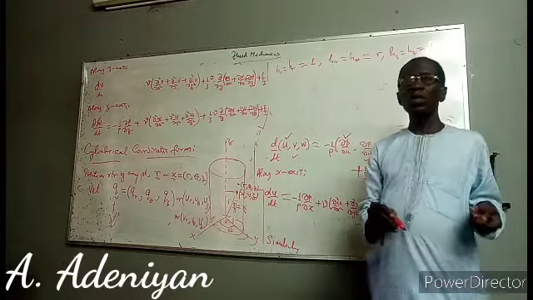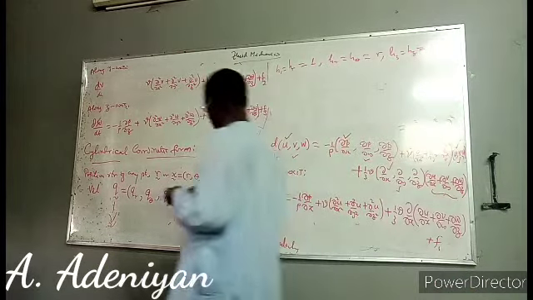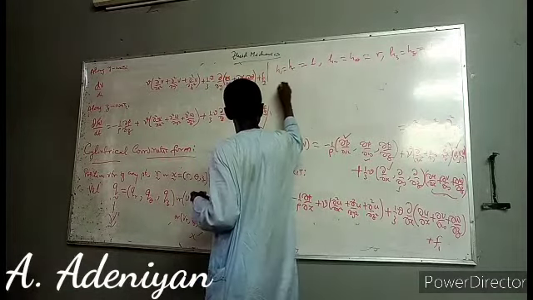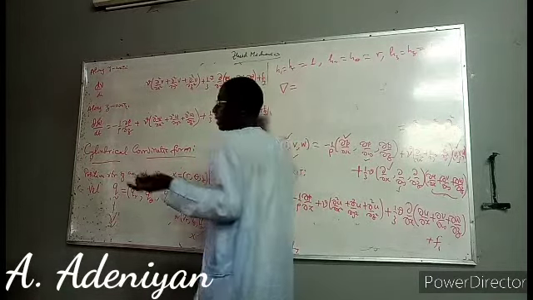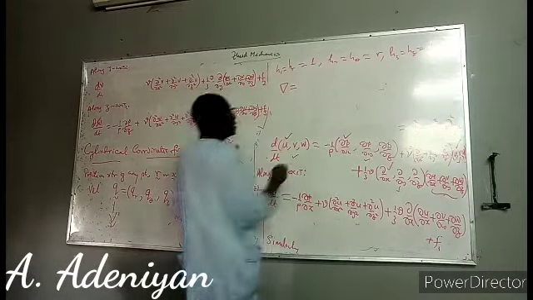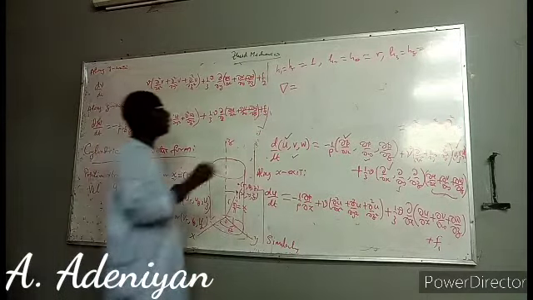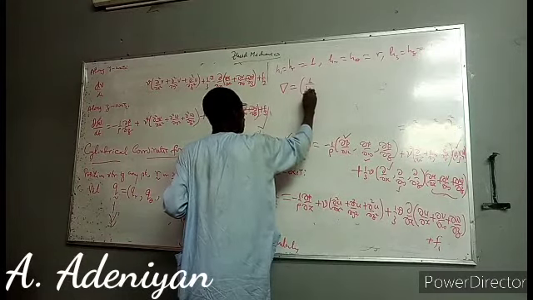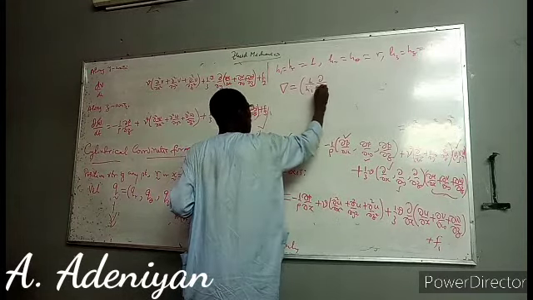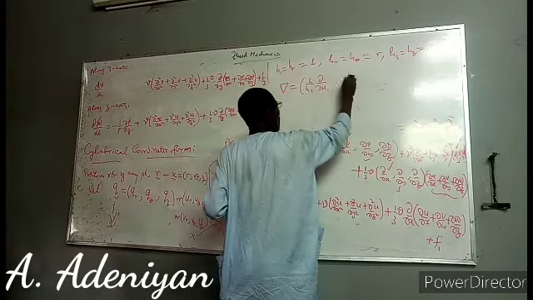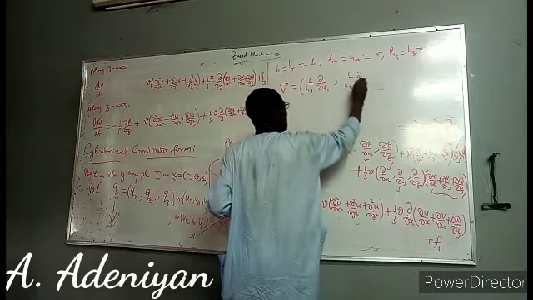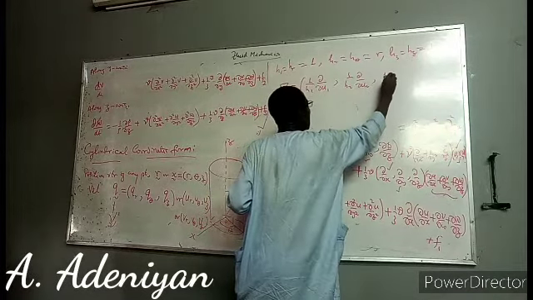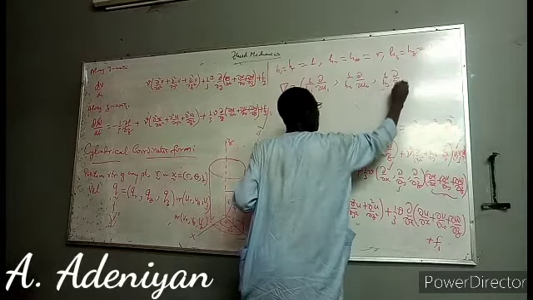Apart from that, we treated the del operator generally in a curvilinear coordinate system. This is a revision of what we have done. It is 1 over h1 del by del u1, 1 over h2 del by del u2, 1 over h3 del by del u3.